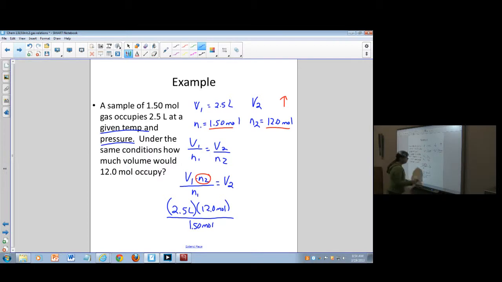And this turns out to be equal to 20 liters. So I actually got the increase that I was expecting. I went from 2.5 to 20 liters. So I'm pretty happy with that.